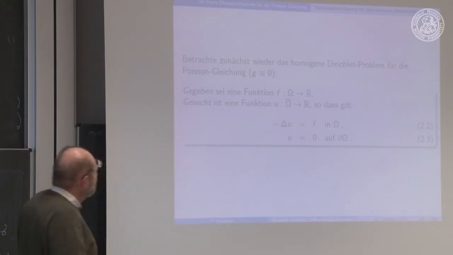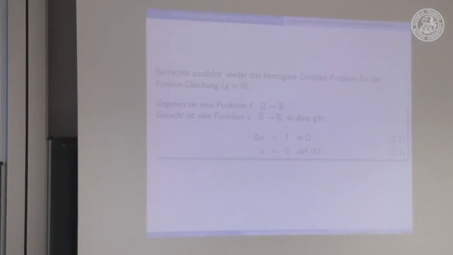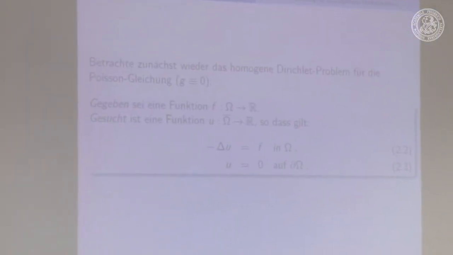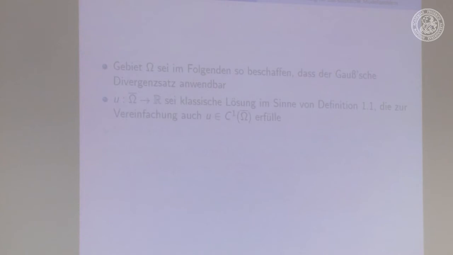Okay, so let's start again with our model problem, and we make it even easier in the sense that we first only consider homogeneous Dirichlet data, u equals 0 on the boundary. As I said, we assume our domain is such that everything I'm doing is allowed. So this is only semi-rigorous, and I start with a classical solution of this problem.